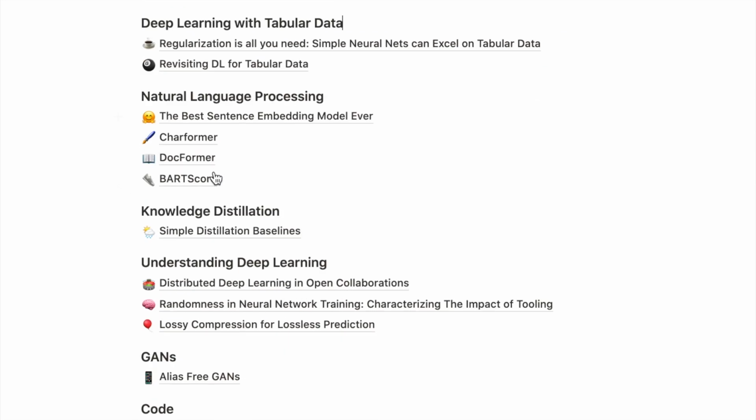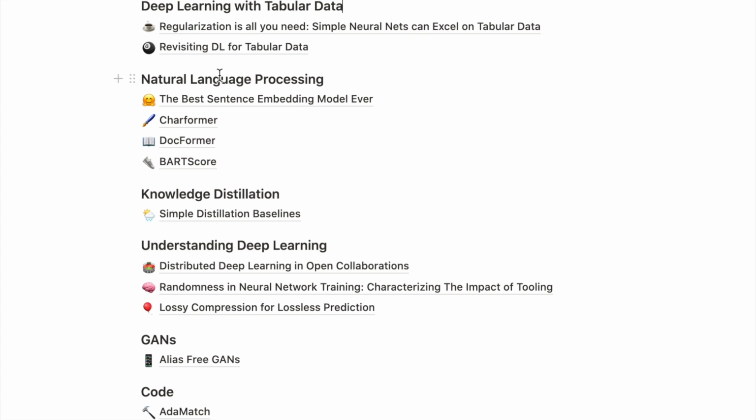So then in the field of natural language processing, one of the most exciting applications of deep learning, we have the best sentence embedding model ever. This is a community organization effort from a researcher at Hugging Face that is developing something like, I think, 215 million pairs for contrastive learning, or positive pairs for contrastive learning, so far.